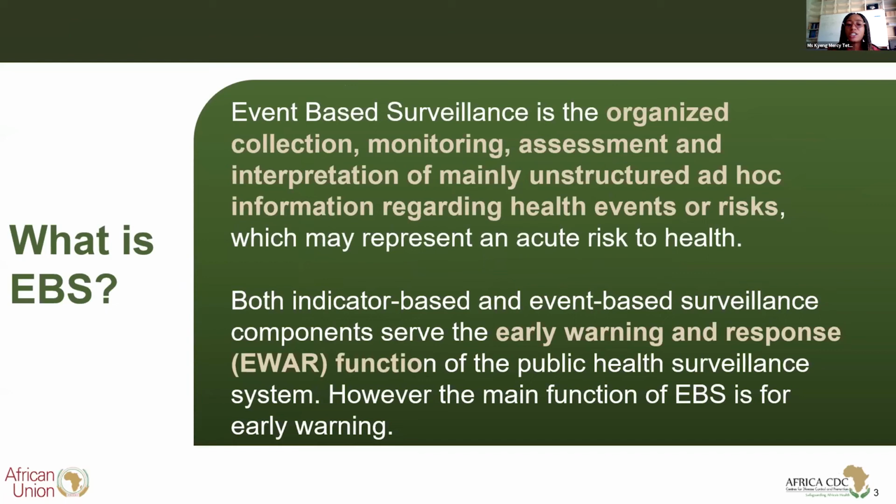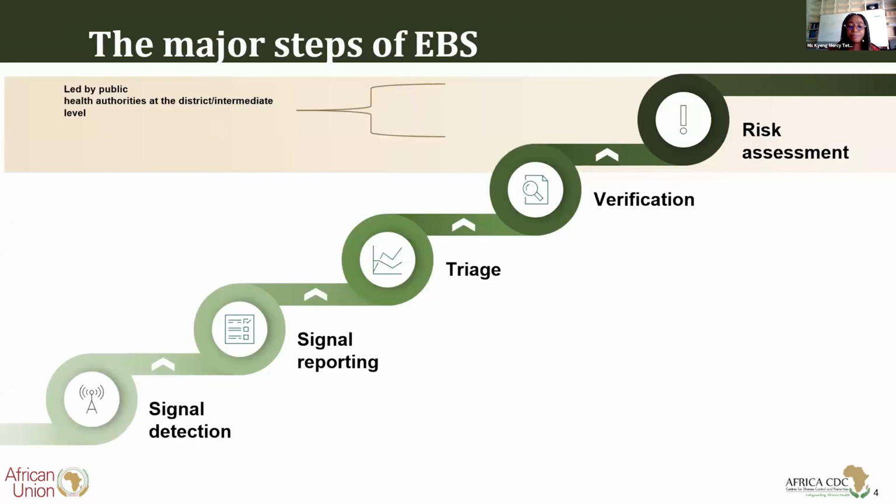And it's mainly just the organized collection, monitoring, assessment, and interpretation of mainly unstructured data around public health threats. As earlier mentioned on the previous slide, both indicator and event-based surveillance form a critical part of the early warning functions. And next slide, please.